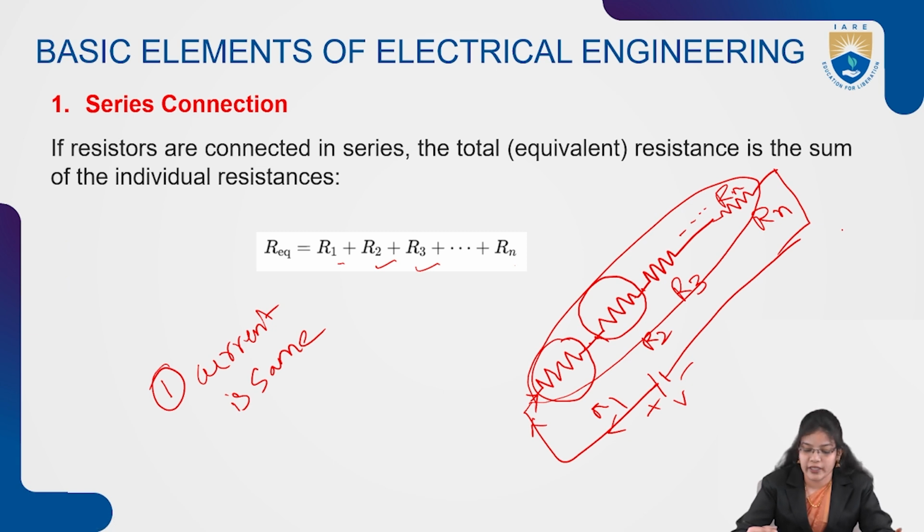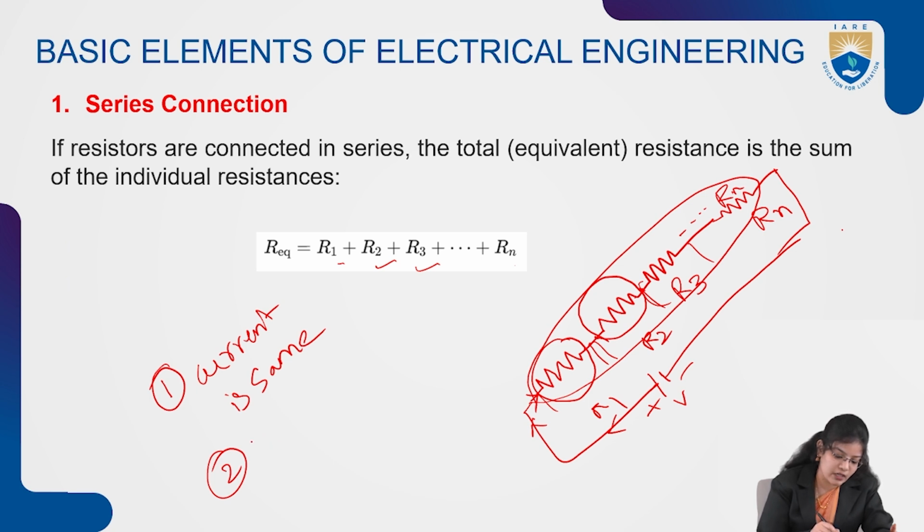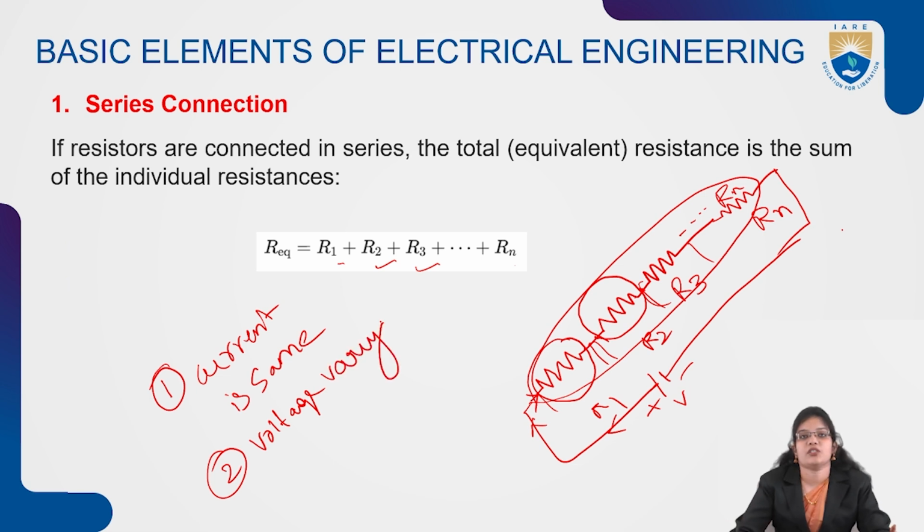Coming to the voltage, in series connection the voltage will be different across each resistor. So we need to remember these two points: current is constant and voltage varies across each resistor. The formula used when the resistors are connected in series is R equivalent equals R1 plus R2 plus R3 and so on till Rn.